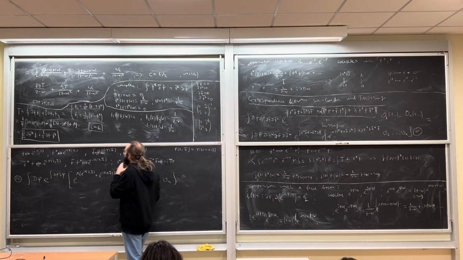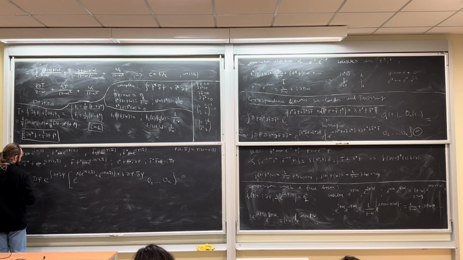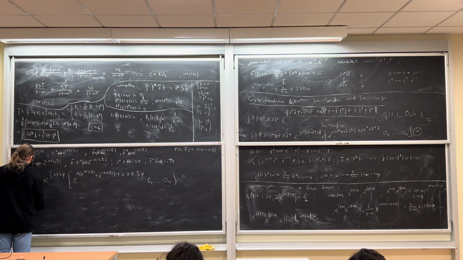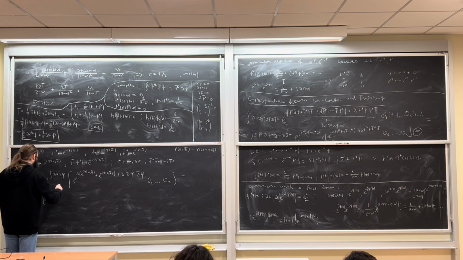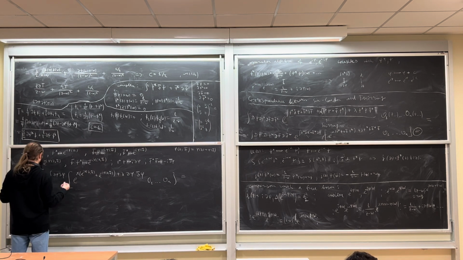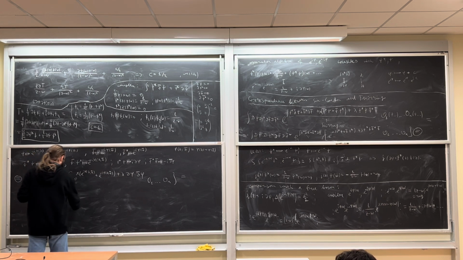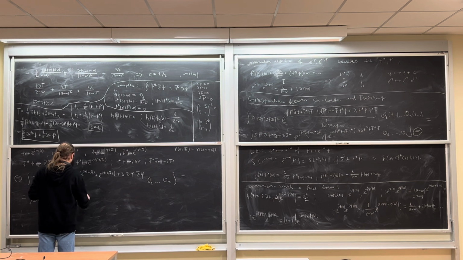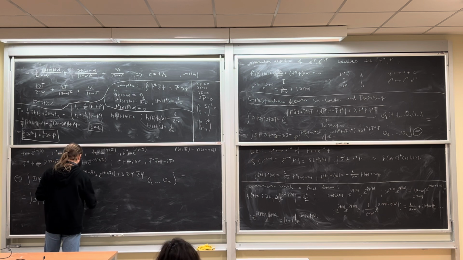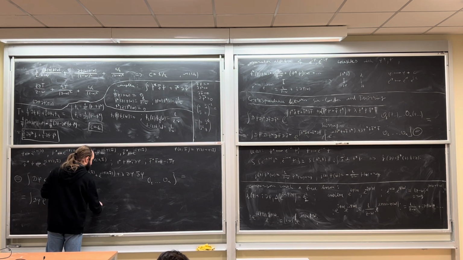So it now becomes, after some factors of pi and so on, but in general, 1 plus lambda times the integral of d phi d bar phi, e to the 2 mu cosine of phi, and some operators.